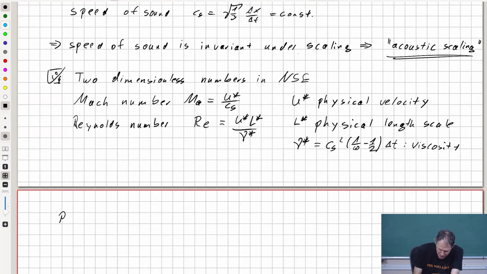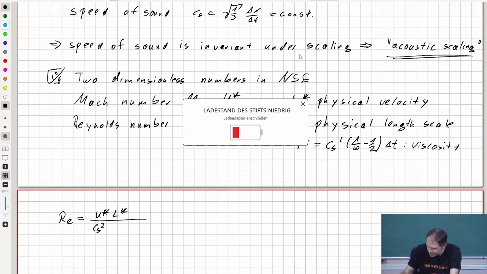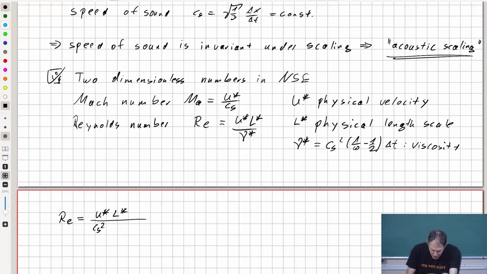Choice number 1 is acoustic scaling, and we want to see what consequences this has on our definition of our parameters. Yeah. Because now we can write the Reynolds number in physical velocity times physical length scale, Cs square, and then 1 over omega minus 1/2 into delta t. So Cs square still has its units.